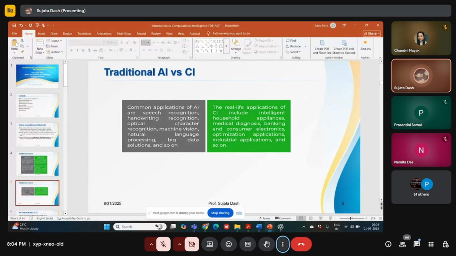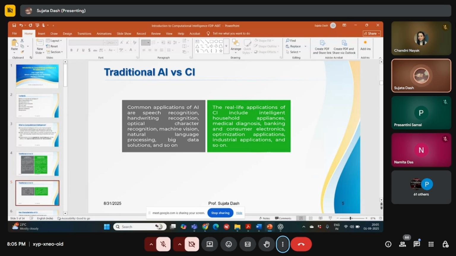Then next is machine vision. So what is machine vision? AI in cameras, robots, and quality control systems that can see and analyze objects or images. Then natural language processing. You can find the application of this in chatbots, translation tools, and sentiment analysis systems that understand human language.